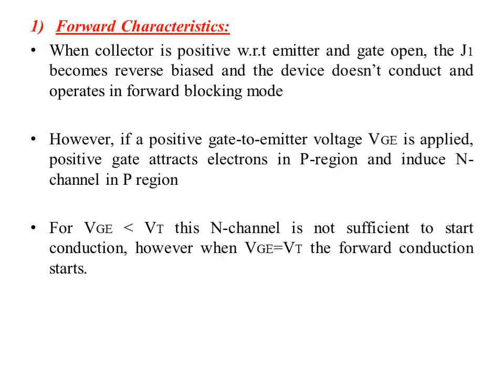So we can say that when the gate to emitter voltage is less than the threshold voltage, the forward conduction cannot be started. The condition for starting the forward conduction is that VGE, the gate to emitter voltage, becomes nearly equal to the threshold voltage.